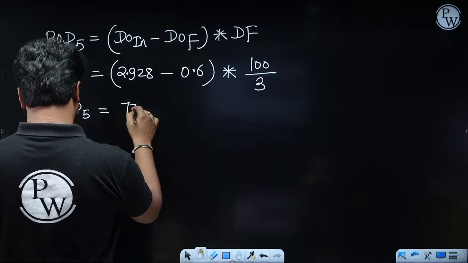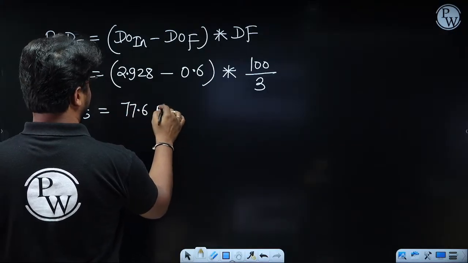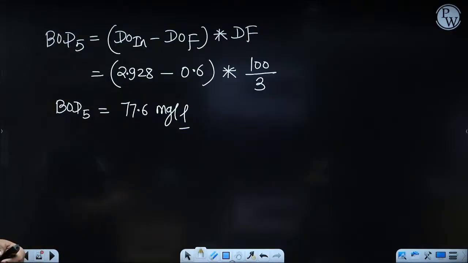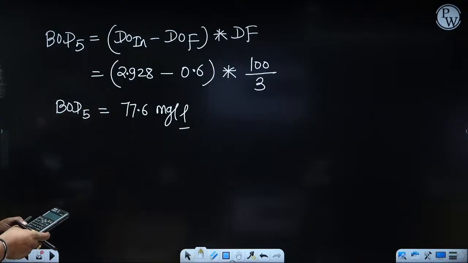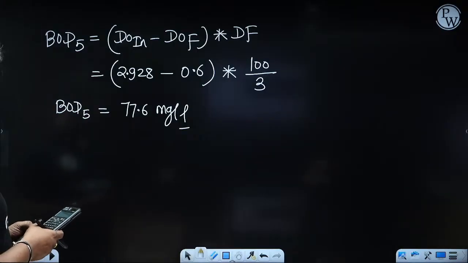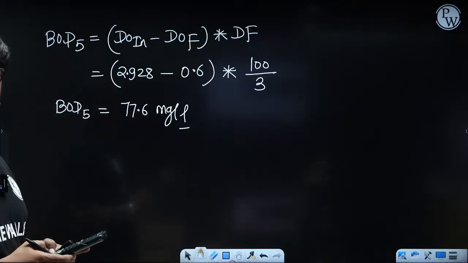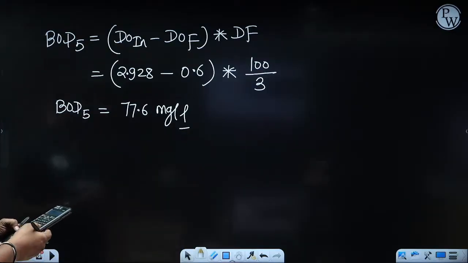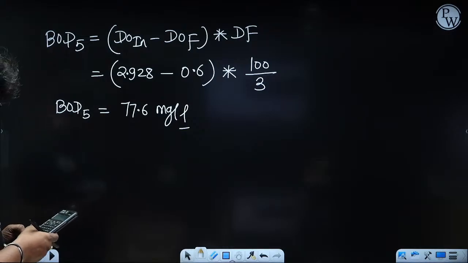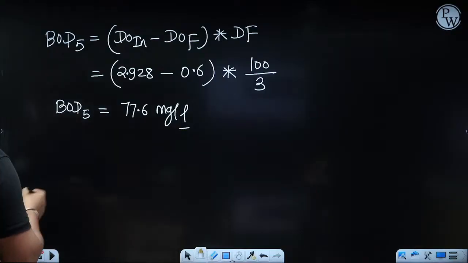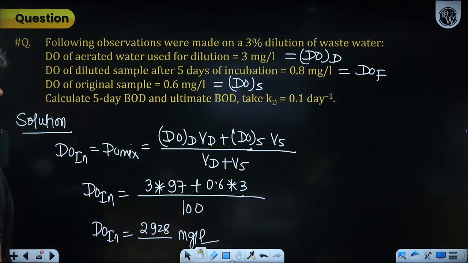So I'm getting around 77.6 milligram per liter. My answer and Himanshu's values are not matching. Okay, so I'm getting this BOD 5 as 77.6.